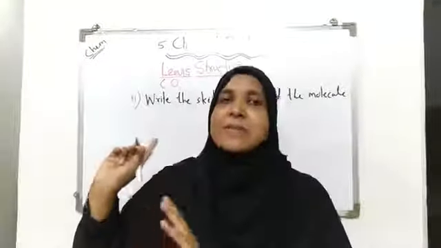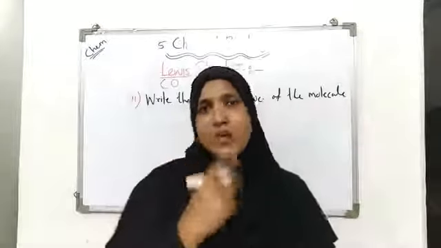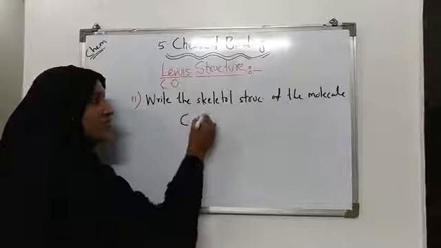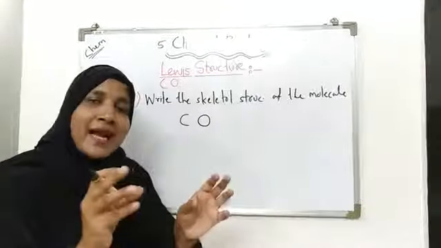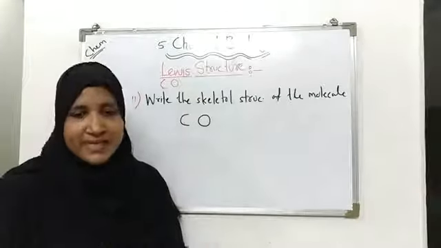This is a simple diatomic molecule, made of just two atoms, so its skeletal structure will be this. This is the skeleton. You are just writing the elements of the molecule together with a little space in them.